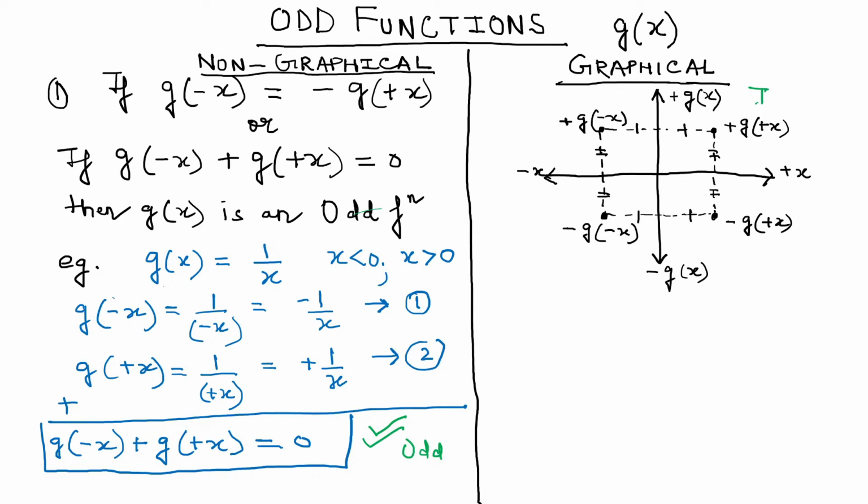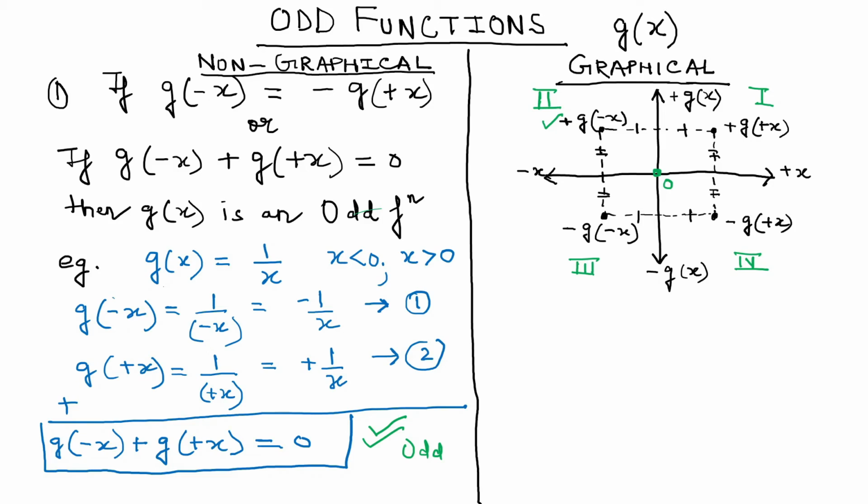This is the first quadrant, second quadrant, third quadrant, and fourth quadrant. And this is the neutral point, 0. Wherever the axes intersect each other is known as the origin, and the coordinates of the origin are 0, 0.